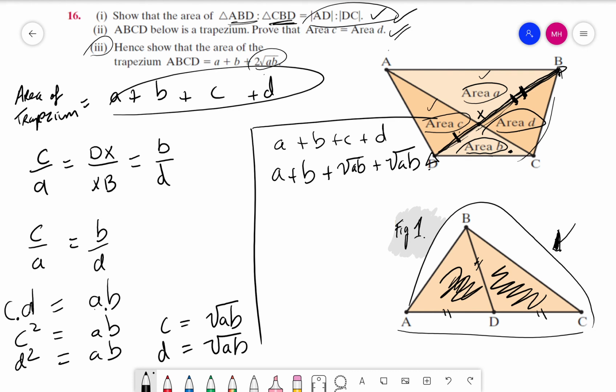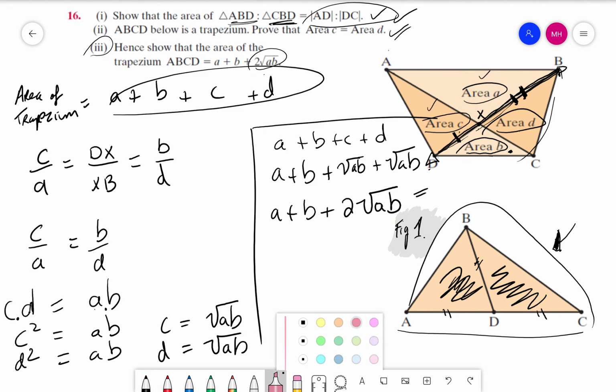So you add those together, you get A plus B plus 2 times the square root of AB. And that there is equal to the area of the trapezium. So I suppose I got a bit messy there with that presentation, but okay, that's your answer.